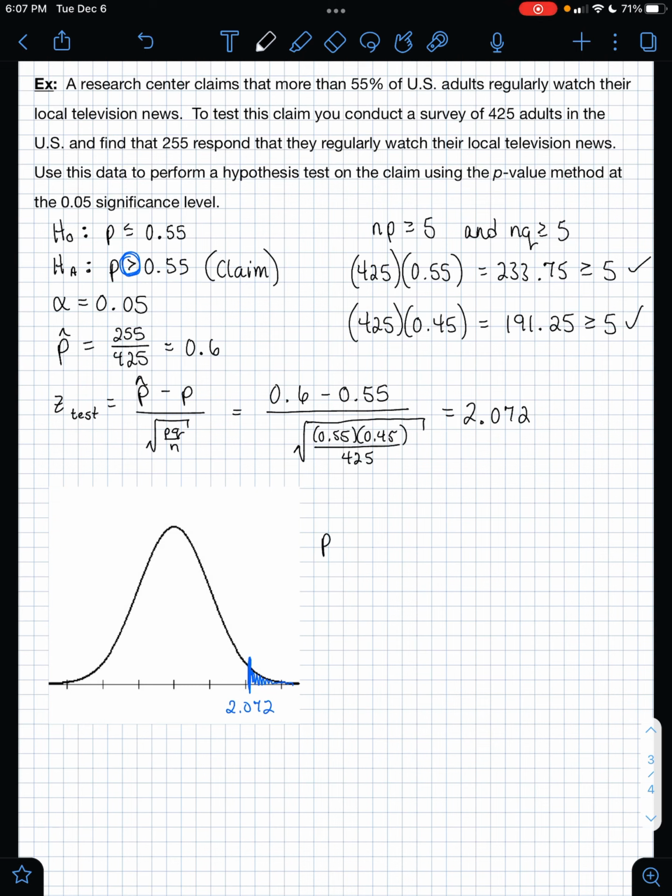So our p-value is going to be from the normal CDF command with 2.072 as our left bound, 1E99 or some significantly large number as our right bound, and of course, because this is the standard normal distribution, a mean of 0 and a standard deviation of 1.